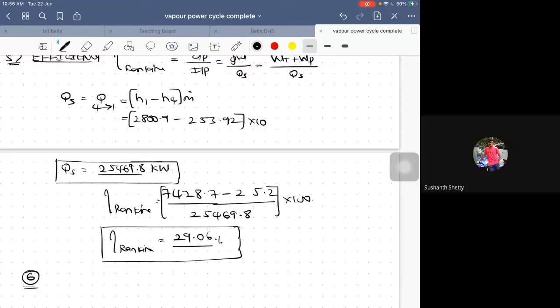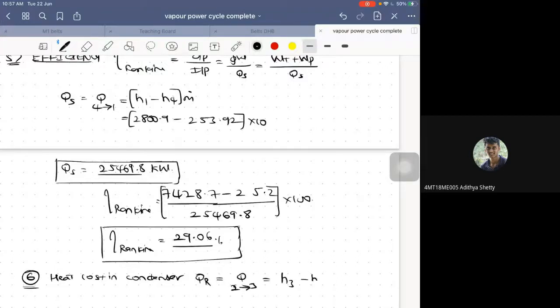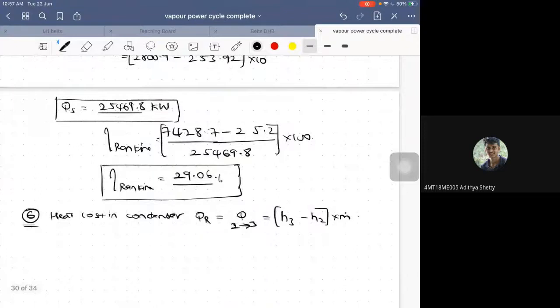Next, the sixth one: heat lost in condenser. How do you calculate heat lost in condenser? It is H3 minus H2. It happens from 2 to 3, so for heat it is final minus initial, H3 minus H2, times m dot. Substitute the values.